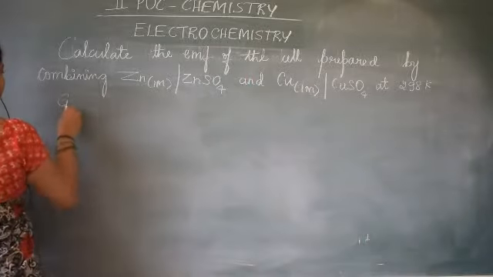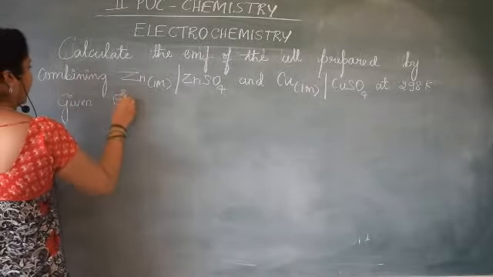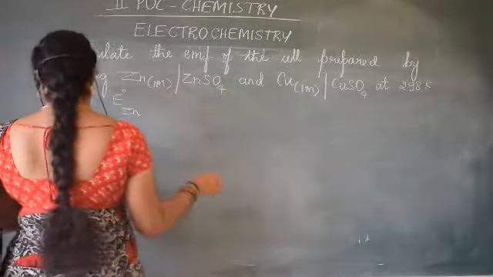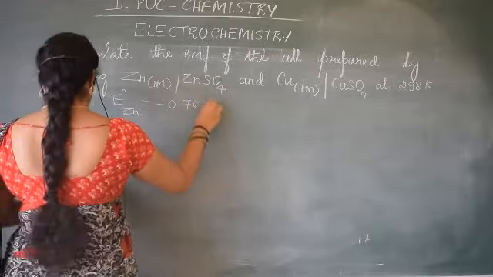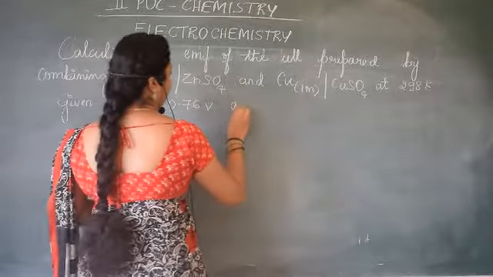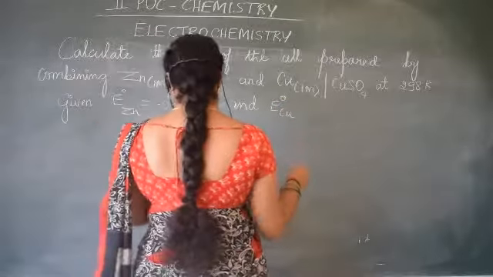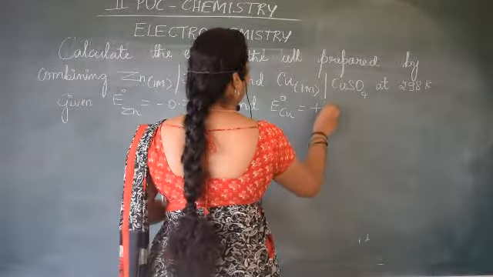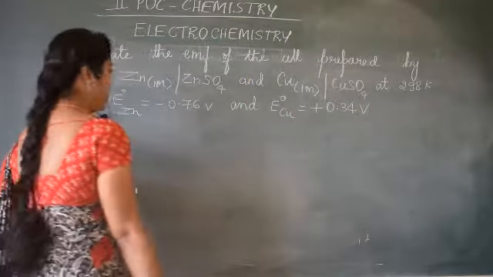Given E naught of zinc is equal to minus 0.76 volt and E naught of copper is equal to plus 0.34 volt.